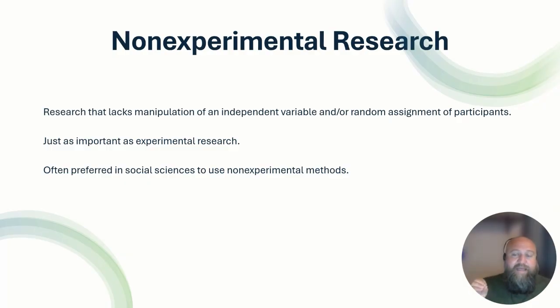At its core, though, non-experimental research is research that lacks manipulation of an independent variable and/or random assignment of participants. And in many cases, those are the two things that can be kind of difficult sometimes in social sciences to actually do. So that's why it's important to know about these non-experimental research methodologies.